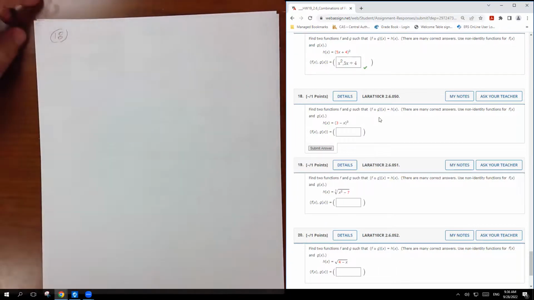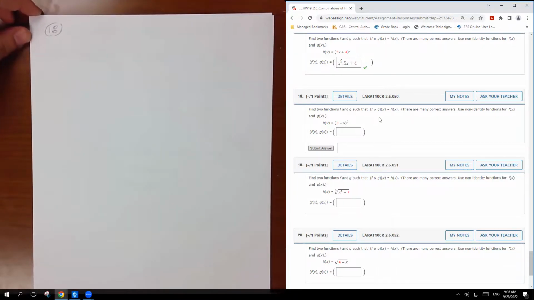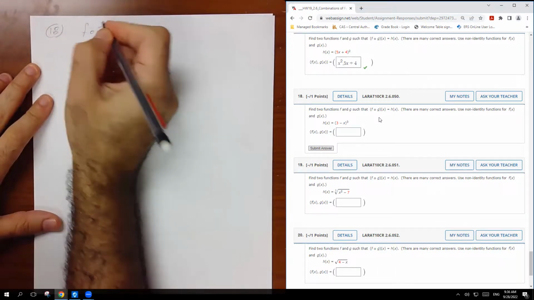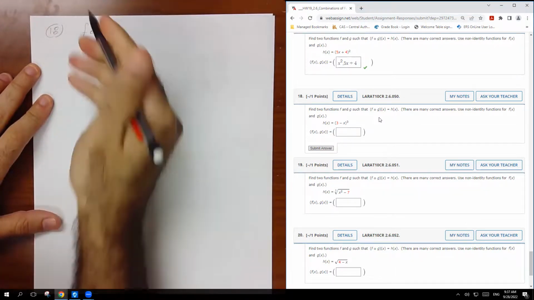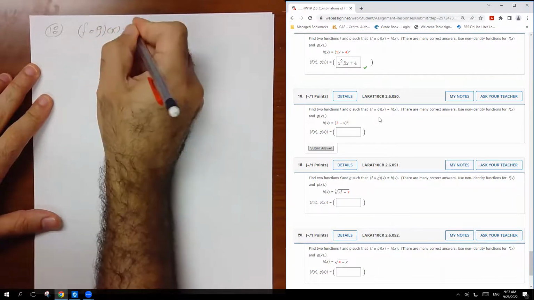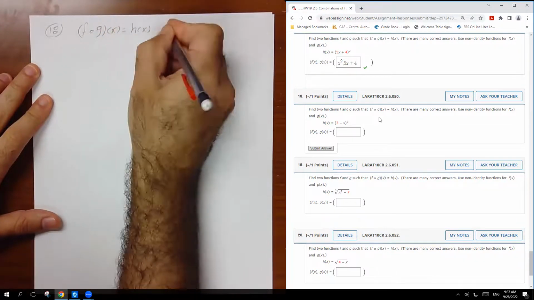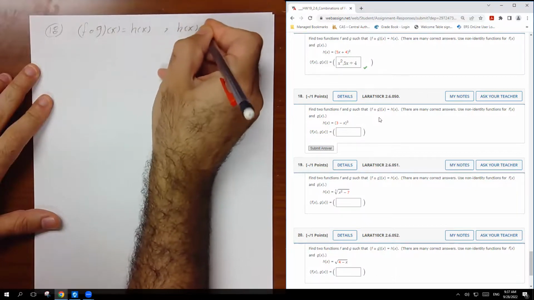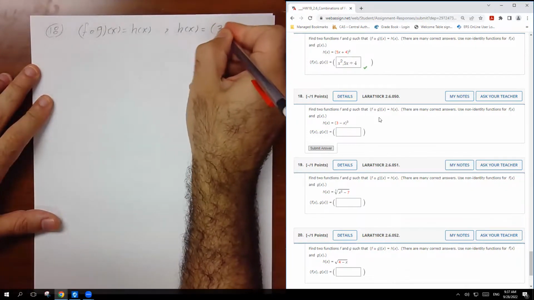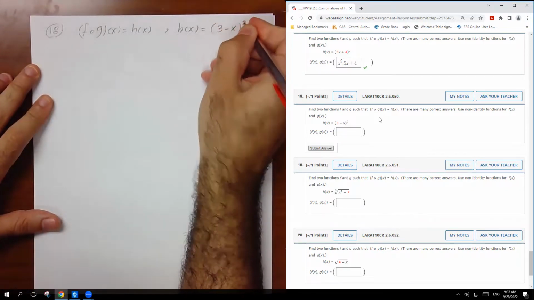They're telling you to find two functions such that f composite with g of x is going to be h of x, and they're telling you h of x equals 3 minus x cubed.